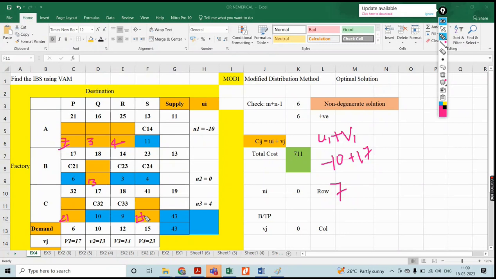Any doubt on how to write the unallocated or empty cell value at the left corner?